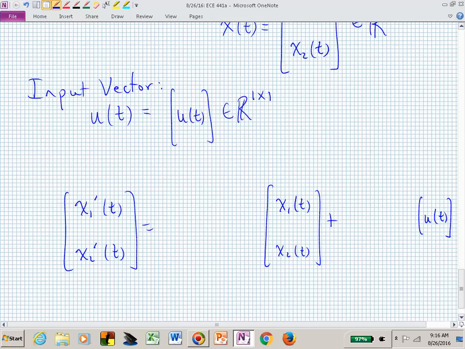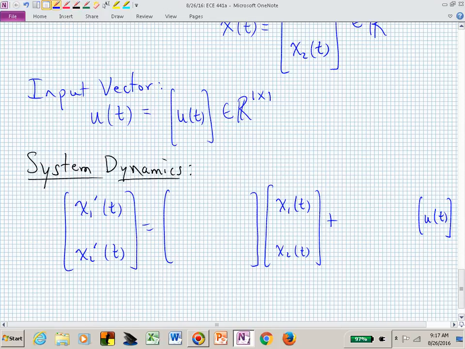What's that A matrix supposed to be dimensionally? It's going to be square, isn't it? Your system matrix is always going to be square. Your A matrix is always square, and it's 2 by 2. Now we're dealing with our first equation. And that's our system dynamics.